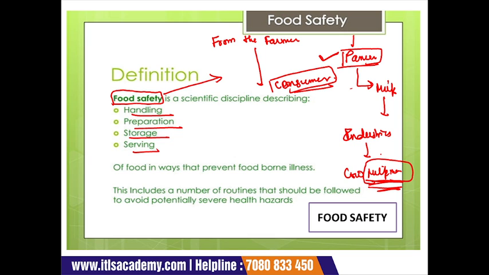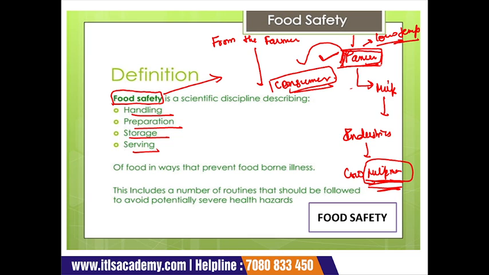How they milk the milk, how they get this milk to the industries, how the industry processes the milk, how this milk is converted into paneer, and how this paneer is packed and reaches the seller, and how this seller stores this paneer. Okay, because paneer is stored at a low temperature. If we do not store it at a low temperature, then the quality of the paneer will degrade.